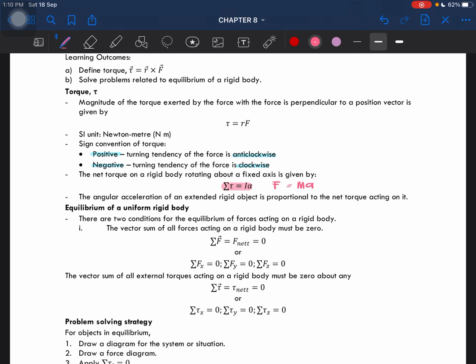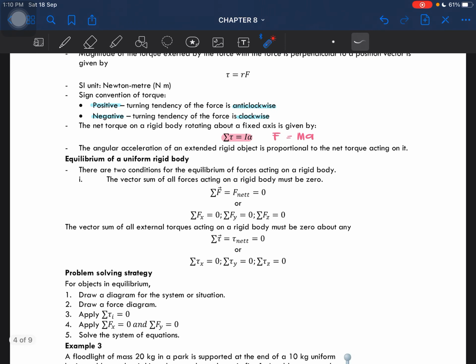The angular acceleration of an extended rigid object is proportional to the net torque acting on it. So the torque is directly proportional to the angular acceleration.